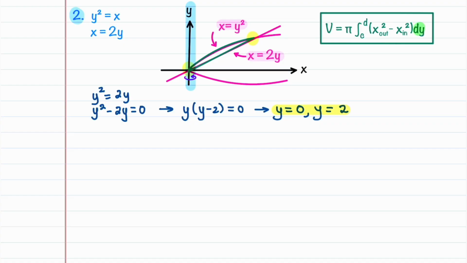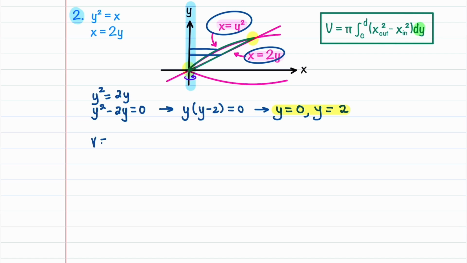Because there is a gap between our region and our axis of rotation, we are going to have an outer radius and an inner radius. Our outer radius right here is given as x is equal to 2y, and then our inner radius right here is given as x is equal to y squared. Let's now write down our formula.